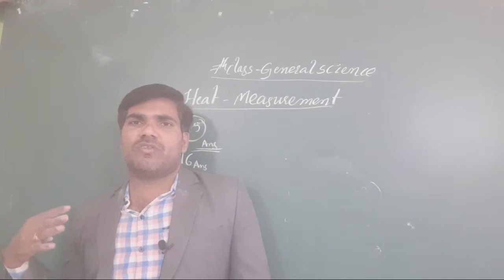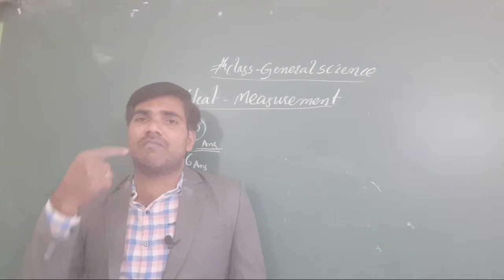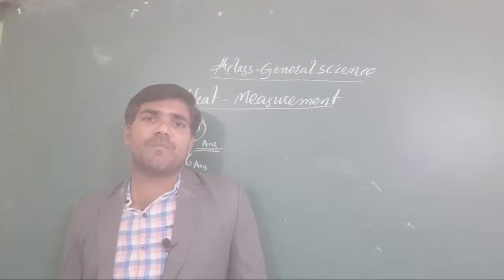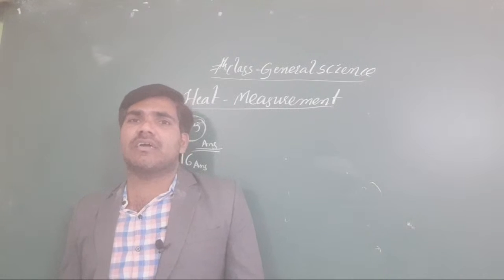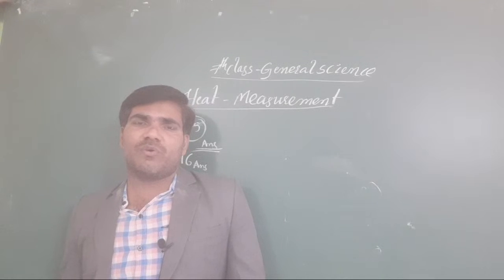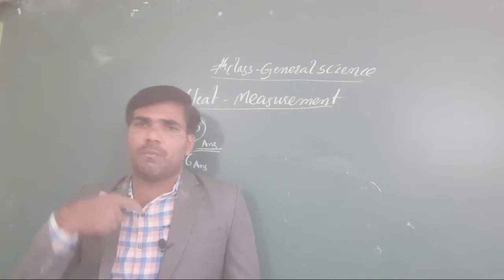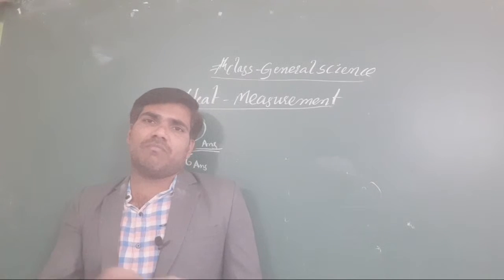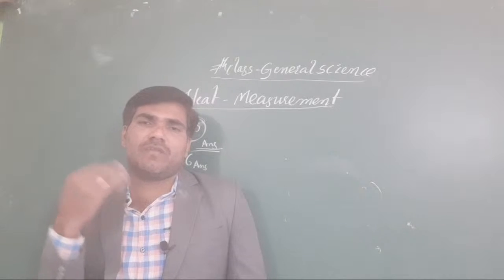Why? Because under the tongue is the inner part of our body. The inner part of our body has a greater temperature than the outer part of the body. Our total body is covered by skin, so the temperature may not be totally represented by our skin.